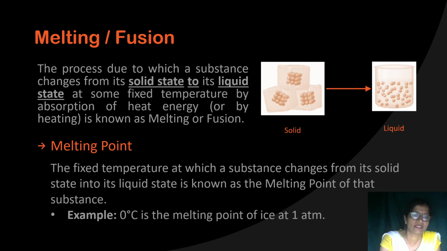And that particular temperature is known as the melting point of the substance. For example, ice melts and converts into water at 0 degrees Celsius. So 0 degrees Celsius is the melting point for water.